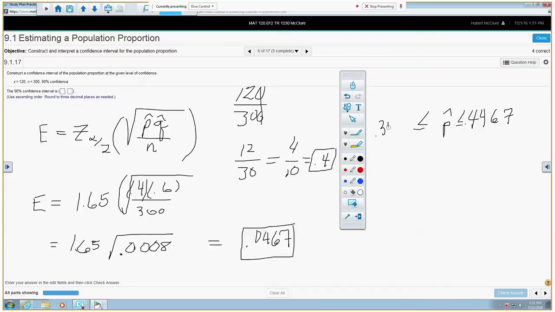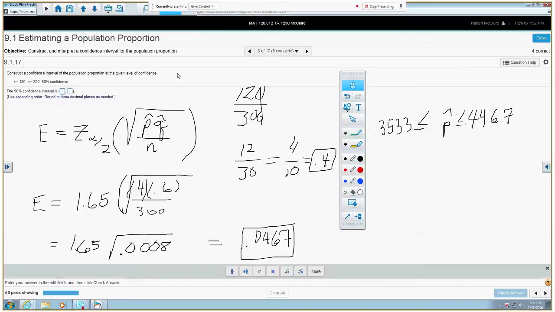So you are 90% confident that your population will yield 35 to 45%. Whatever they're asking. So we put, what does it say, round to 3, so 0.353. And 0.447.